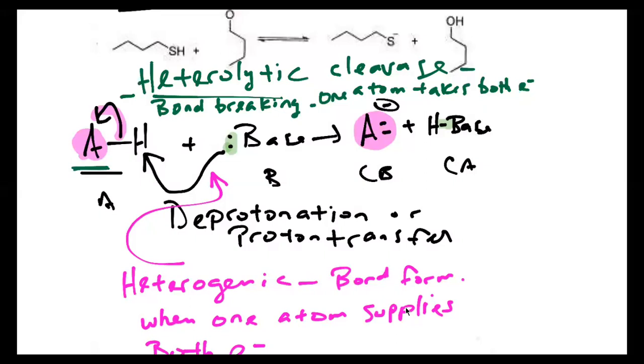It's like H and A are together, and then when the base comes in as the new partner, H decides to leave with the base, but A is saying, no, you can leave, but I want my electrons back. You can't take them with you. So when that bond breaks, those electrons are always going to go back to the more electronegative atom, which is A in this case. And you get heterolytic cleavage and heterogenic formation. All of this is happening in this proton transfer. Any questions?